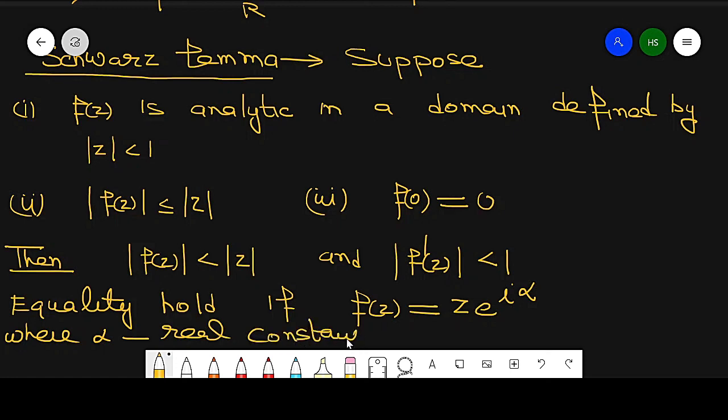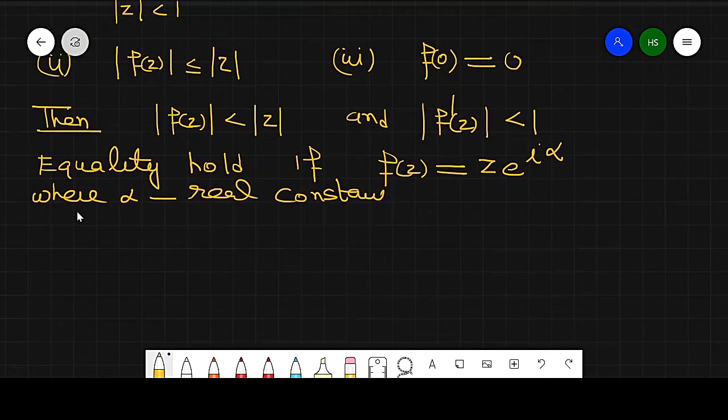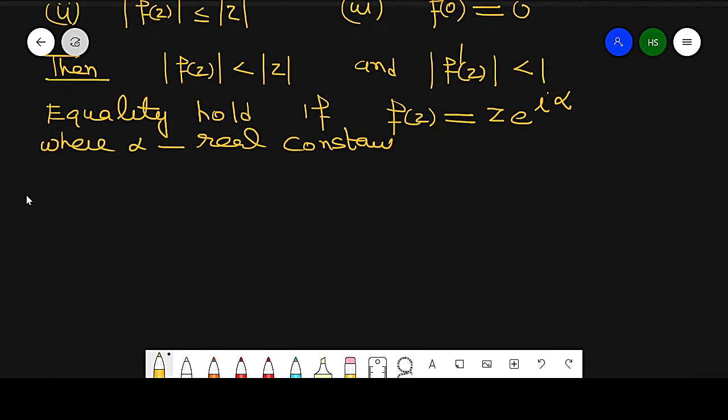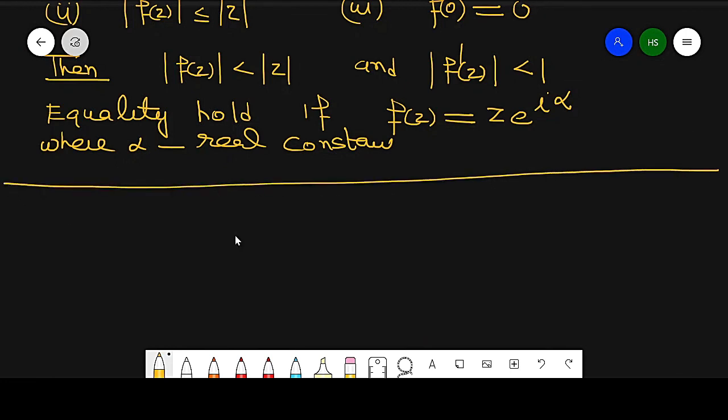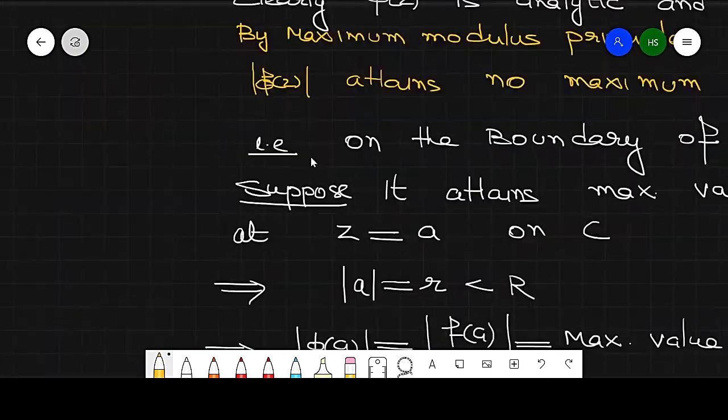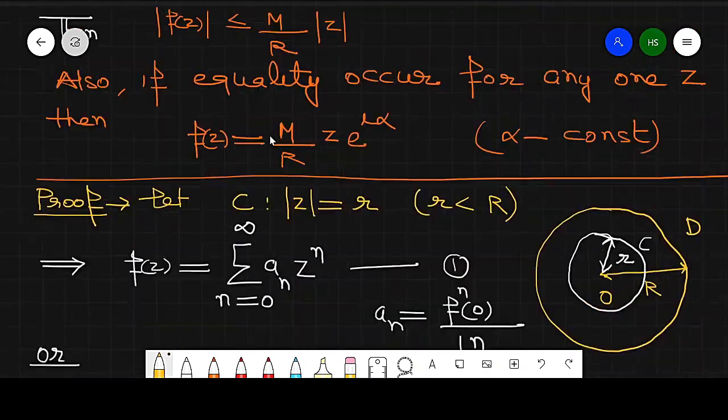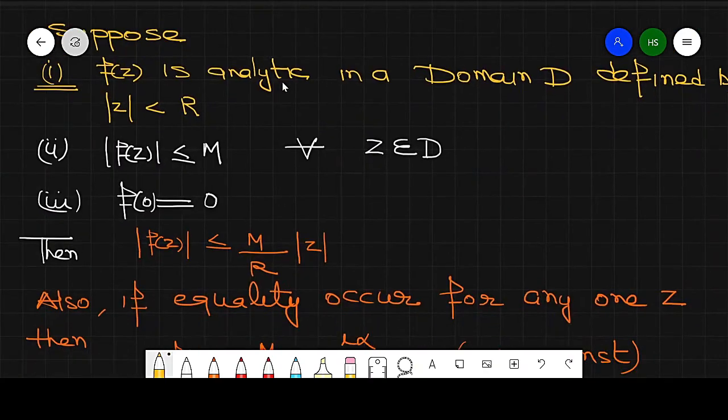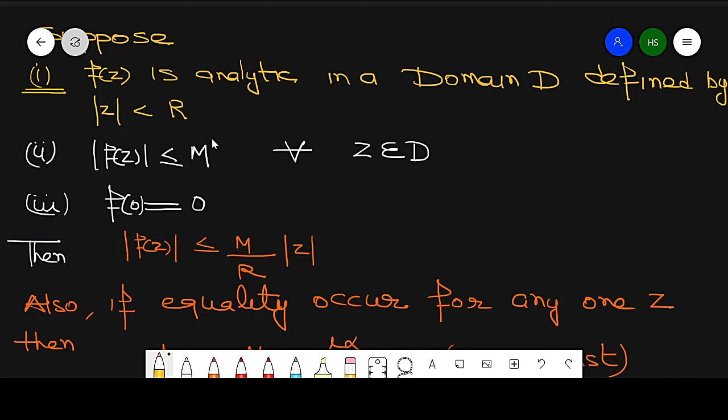So we will prove the previous theorem by just putting capital R equal to 1. To prove this Schwarz lemma, we will use the previous theorem, just substituting capital R equal to 1. So simply we will do capital R equal to 1, then we will get our result. If capital R is equal to 1, this will be 1, right?